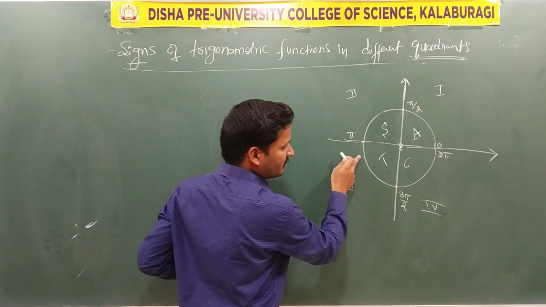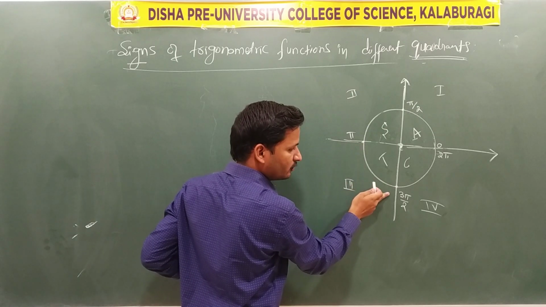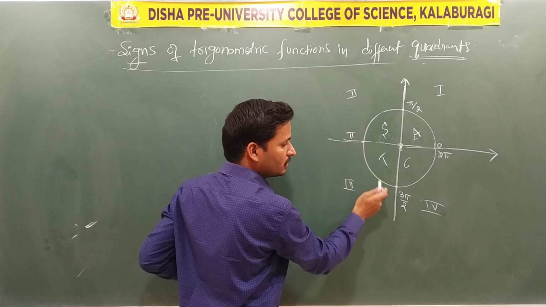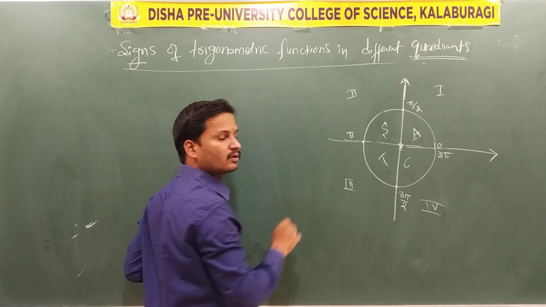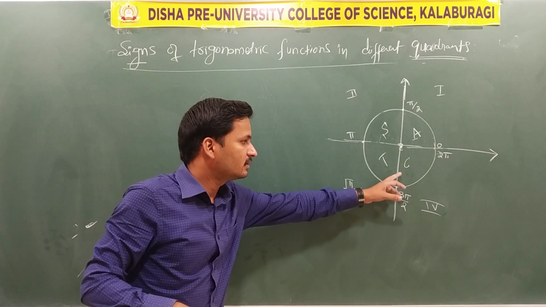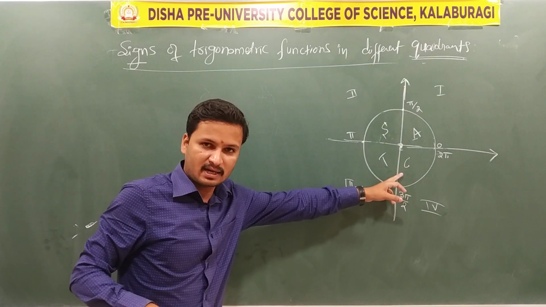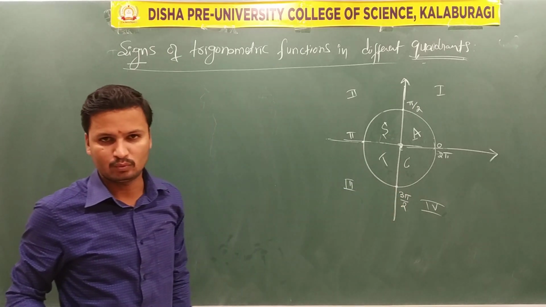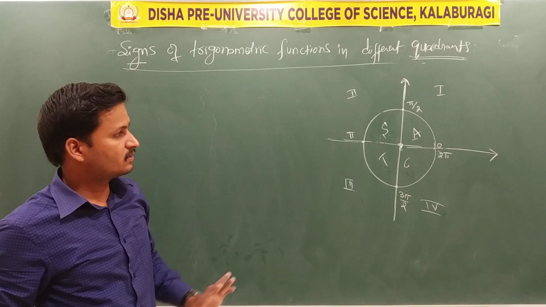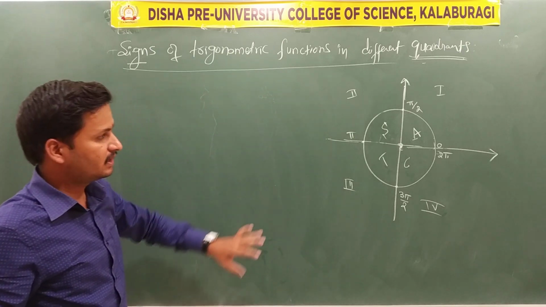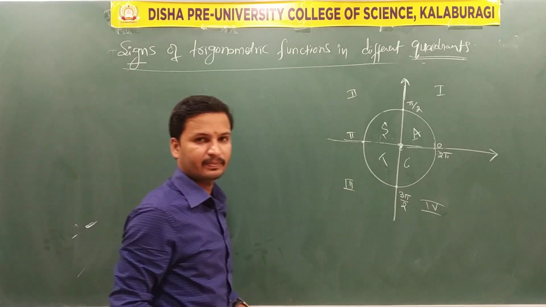Next, in third quadrant, 180 to 270 degree, that is pi to 3 pi by 2, only tan and cot functions are positive. And in fourth quadrant, only cos theta and secant theta are positive, remaining are negative.